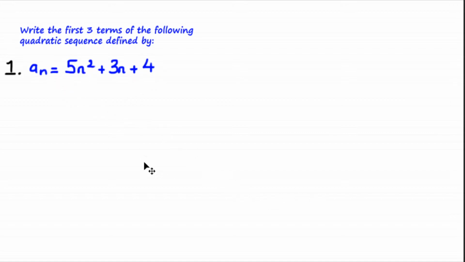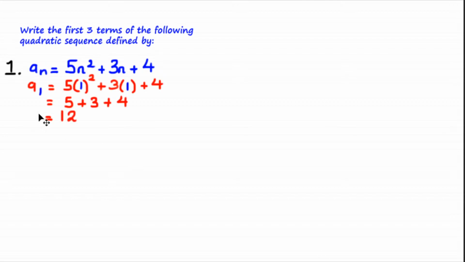All we do to find terms is substitute the values of the positions. So for example, the first term is where n is equal to 1. We simply put n equals 1 into the formula, and that gives us a value of 12. That gives us 5 times 1 squared, which is 5, plus 3 times 1, which is 3, plus 4, which is 5 plus 3 plus 4 equals 12.